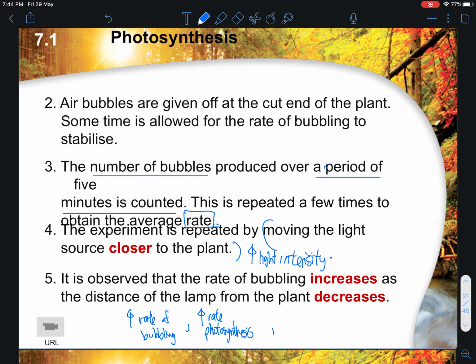Okay, and it's increased due to the decrease in distance of the lamp to the plant, correct? And this means that the light intensity is higher.